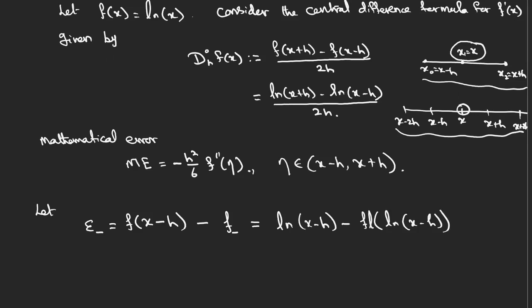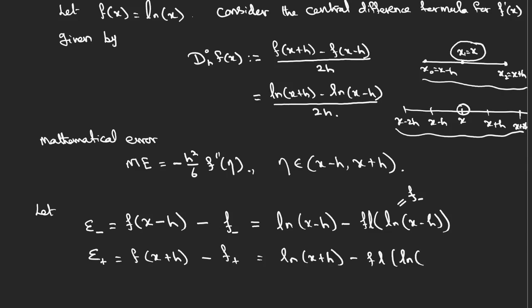Okay, so for notation convenience, I'm just denoting it by f minus here. And similarly, epsilon plus is given by f of x plus h minus f plus, and that is nothing but the floating point approximation of the value of log at x plus h.